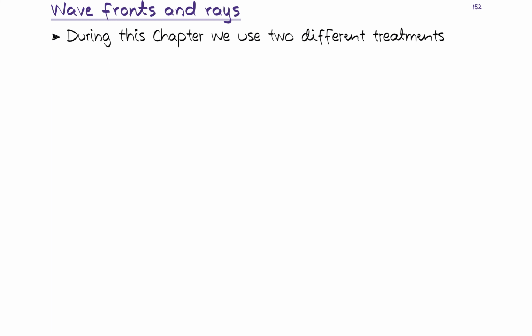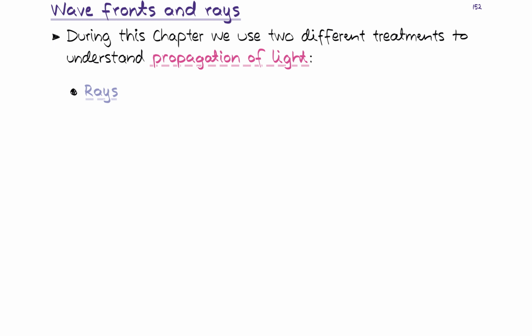So we can understand propagation of light using two different kinds of treatments. One picture will be extensively used in the final chapter on geometrical optics.